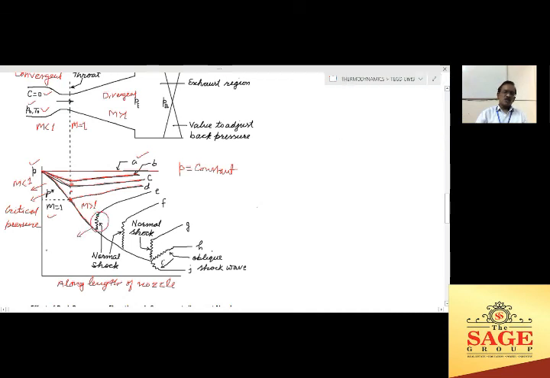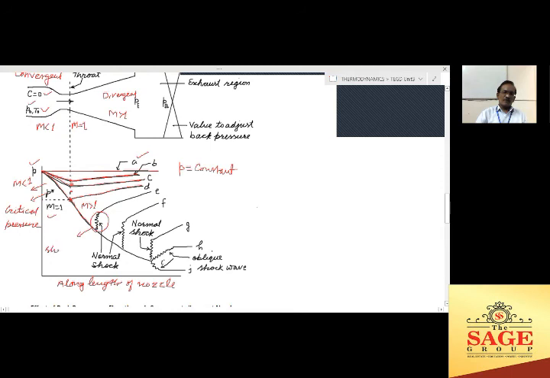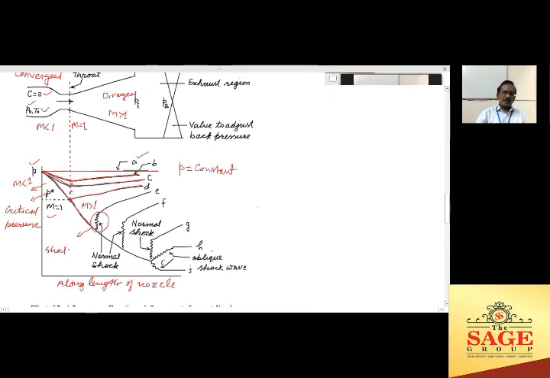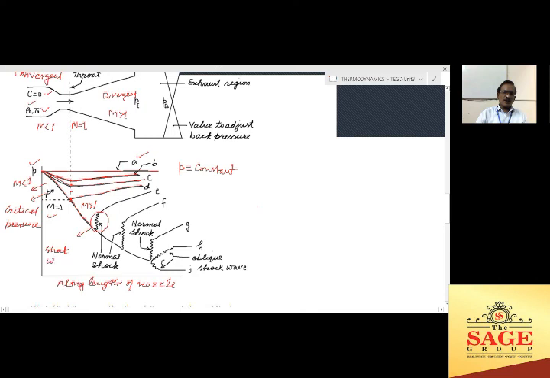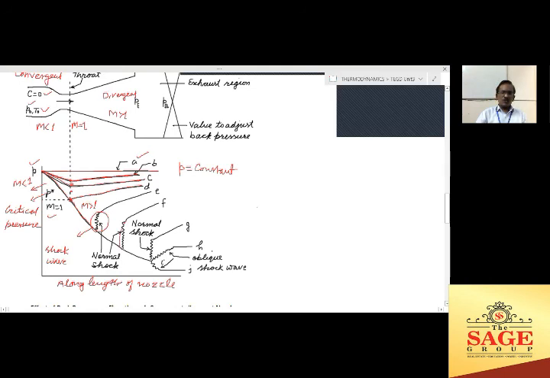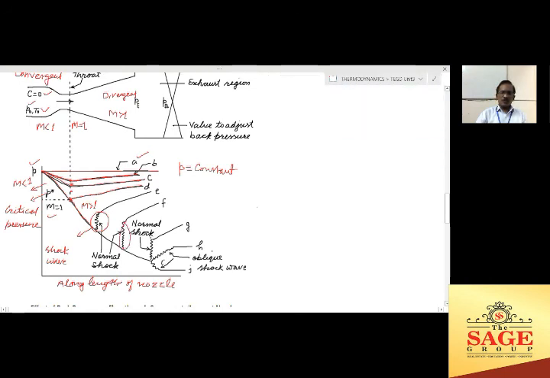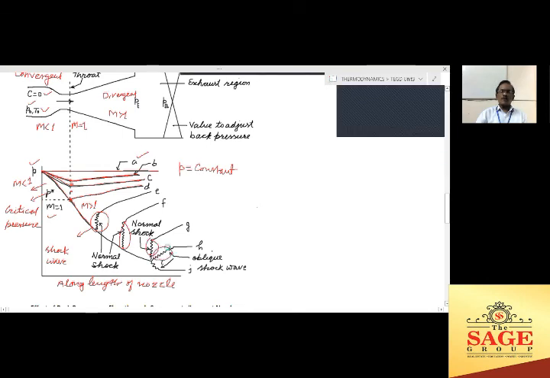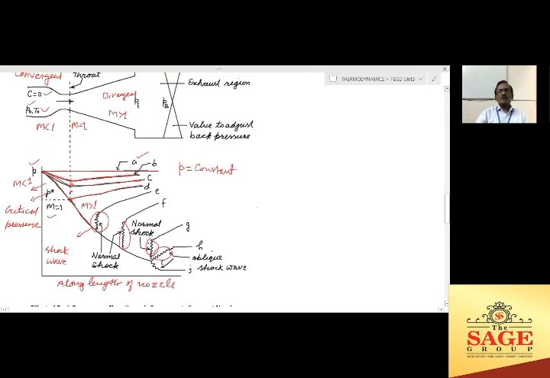This shock wave is perpendicular to the flow of the fluid, so it is called the normal shock wave. You can further see this is also a normal shock wave. In some portions, you will also see some oblique shock waves formed across the flow of the fluid.